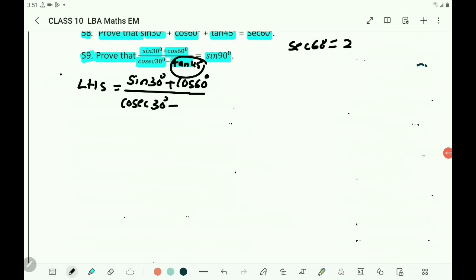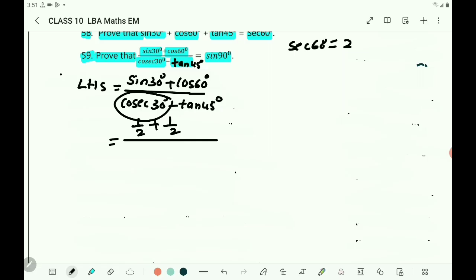It must be tan 45 degree, right? Tan 45 degree equals, what is the value of sin 30 degree? Sin 30 is 1 by 2 plus, what is the value of cos 60? Cos 60 is also 1 by 2. Then cosec 30.